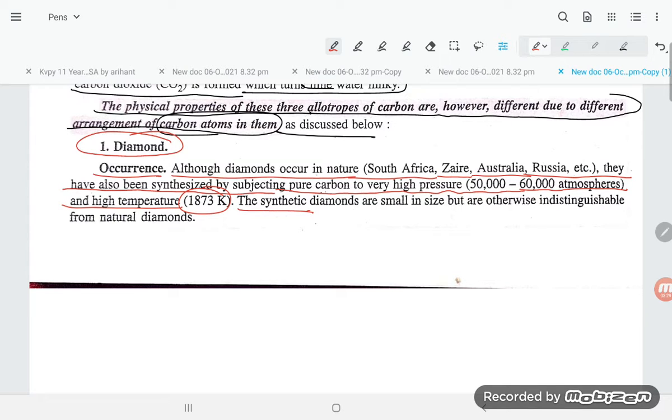The synthetic diamonds are small in size but otherwise indistinguishable from natural diamond.